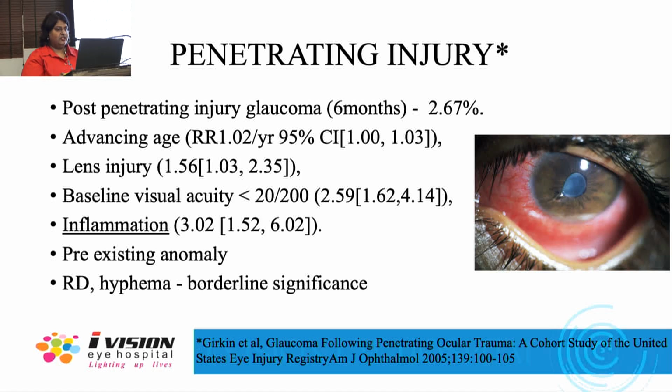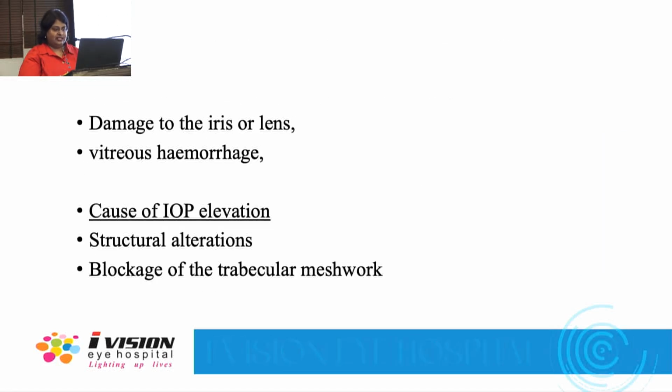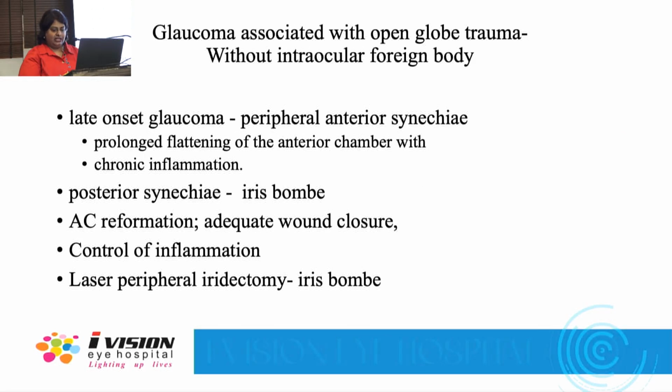Penetrating injury leads to glaucoma in 2.67%. Advancing age, lens injury, baseline visual acuity, inflammation and pre-existing anomalies all tell about the prognosis. The structural alterations and blockage of the trabecular meshwork are a pointer.